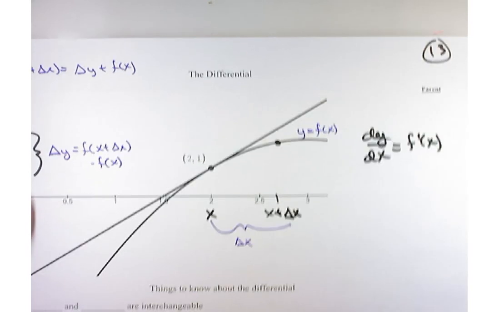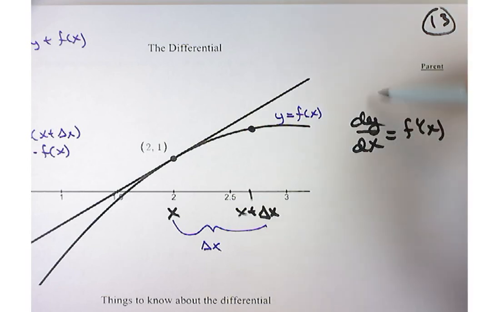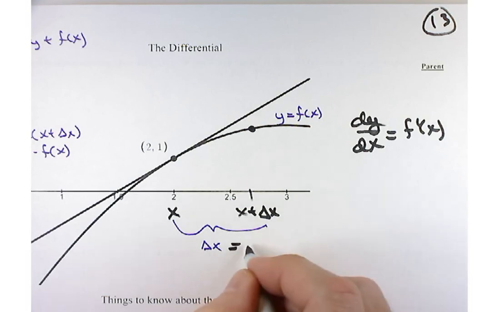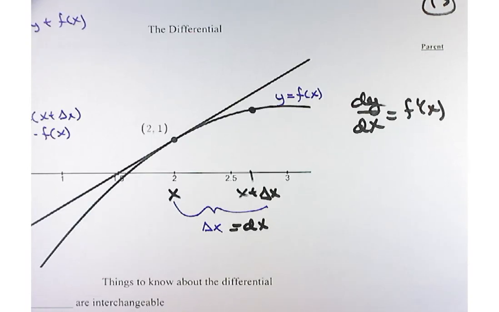I mean, that's what we've been doing all along in chapter 3 with our calculus, is we've been differentiating these things. But this notation, due to Leibniz, has some other benefits. I can regard this delta x as being the same as dx. I'm going to define these things independently.